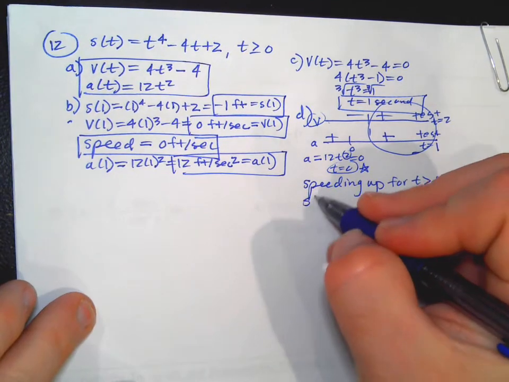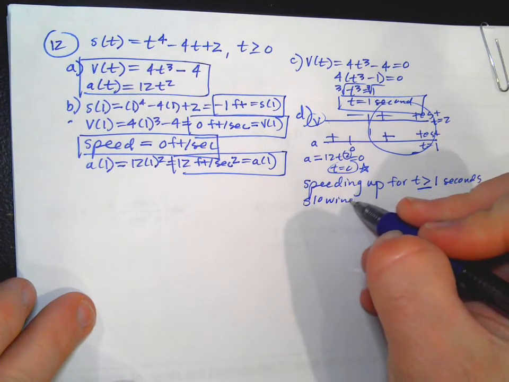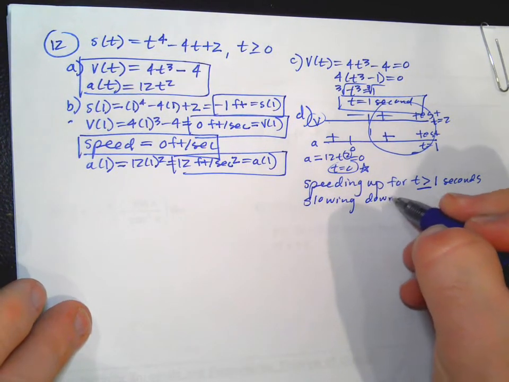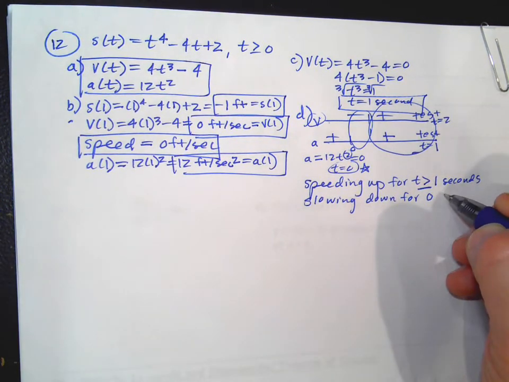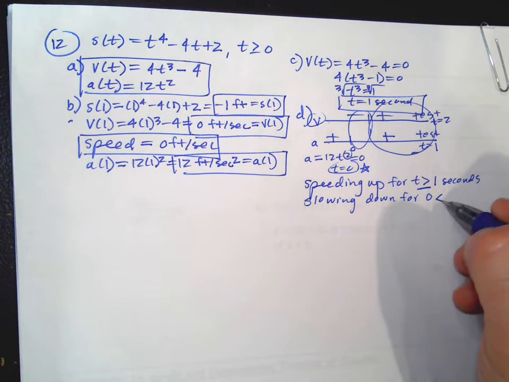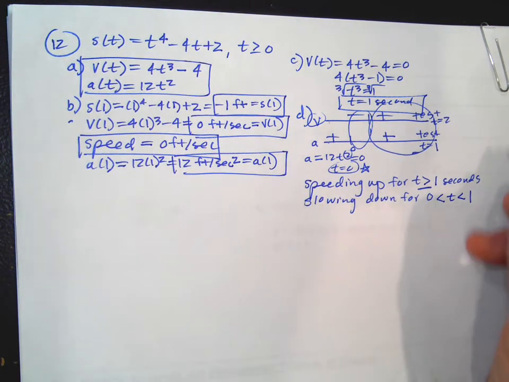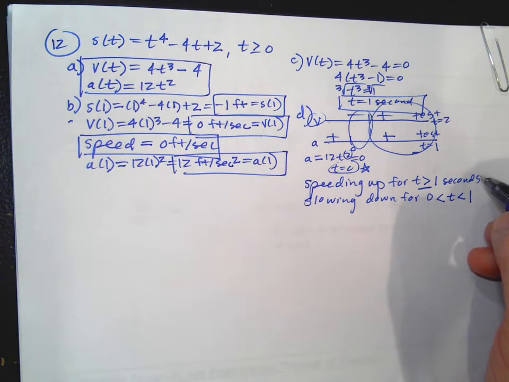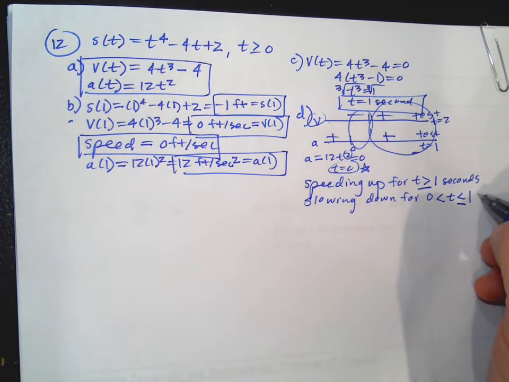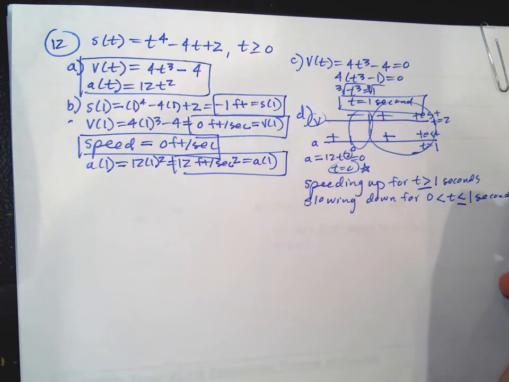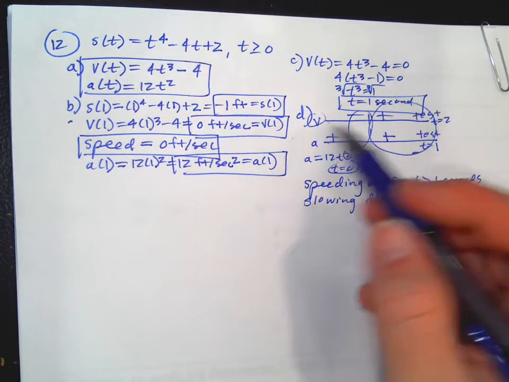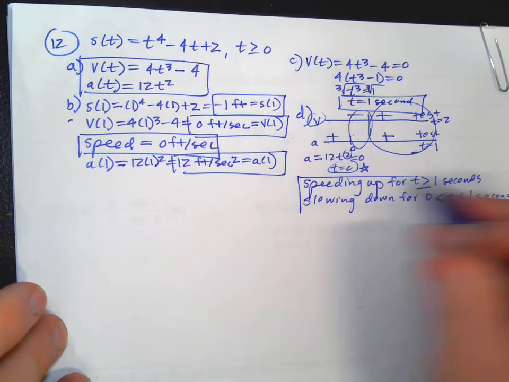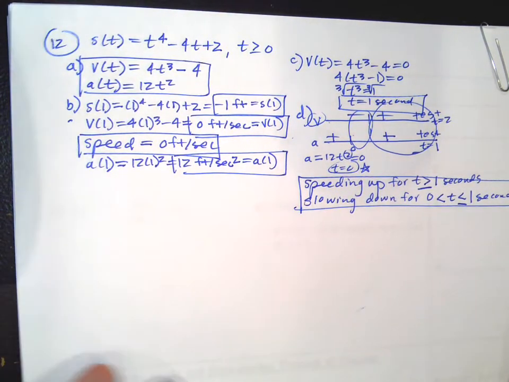And then slowing down for 0 to 1. And we would include it for 0. We could include it for 1. And then we wouldn't include negative infinity to 0 because we only want positive time. So that's speeding up, slowing down.